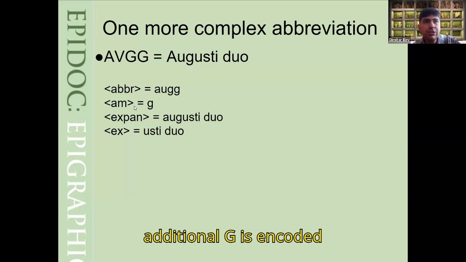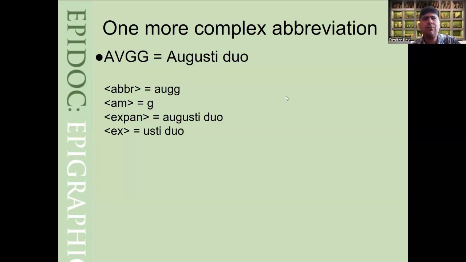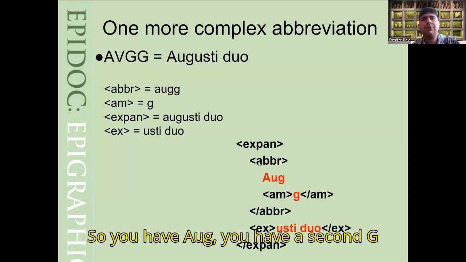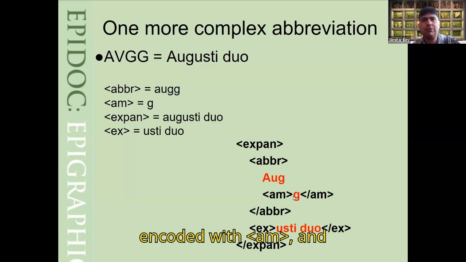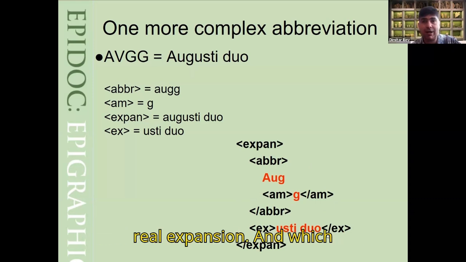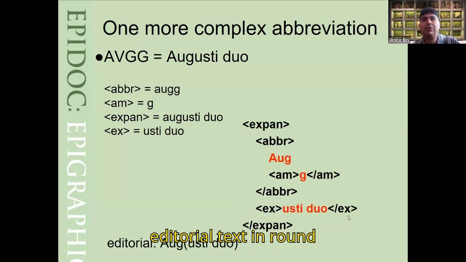And this additional G is encoded with AM, which I forgot what it stands for, but it does the following job. So you have Aug, you have a second G encoded as AM, and this is encompassed by the element Abbr, abbreviation. And then you have the part which is the real expansion and which is presented in the editorial text in round brackets surrounded by the X tags.